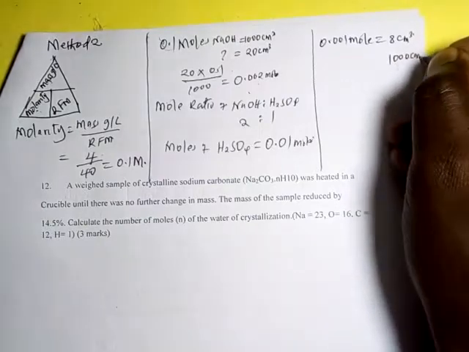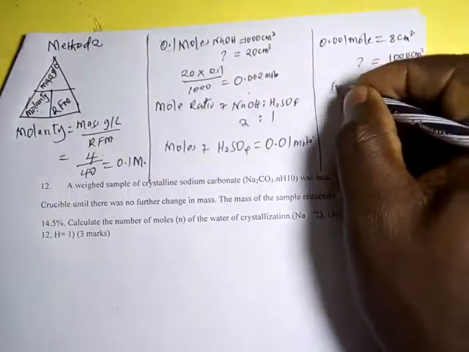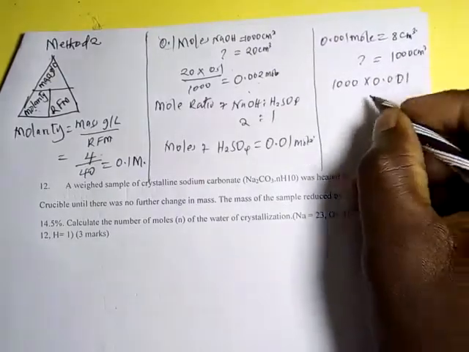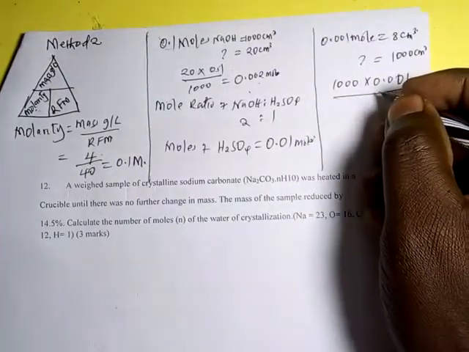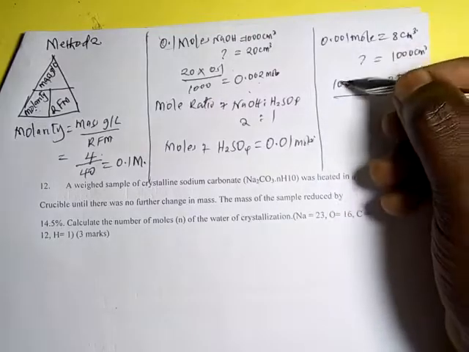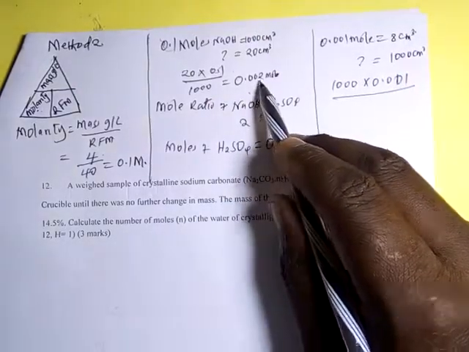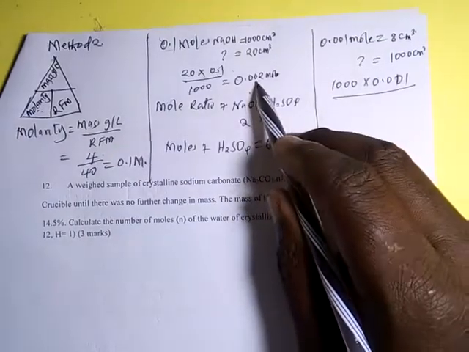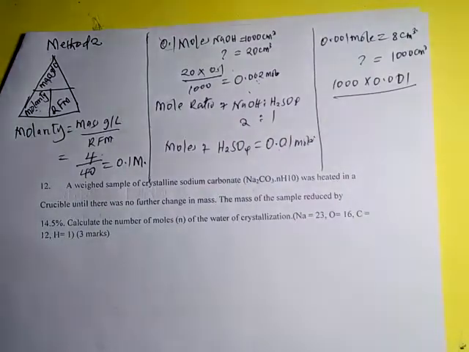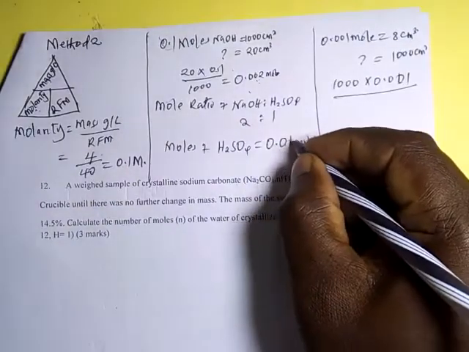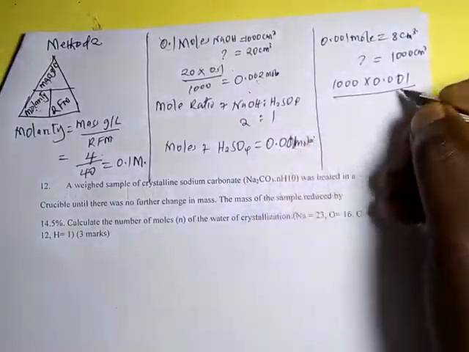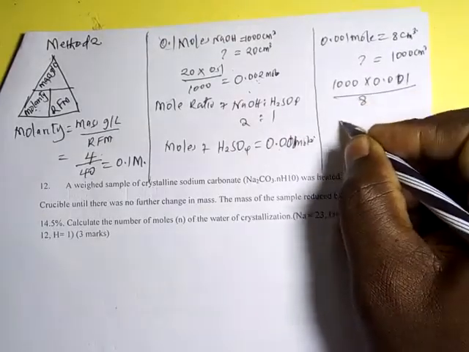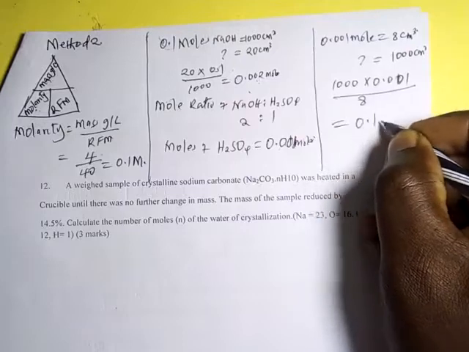How many moles will 1,000 centimeters cube contain? 1,000 times 0.01 divided by 8, and that will give us 0.125.